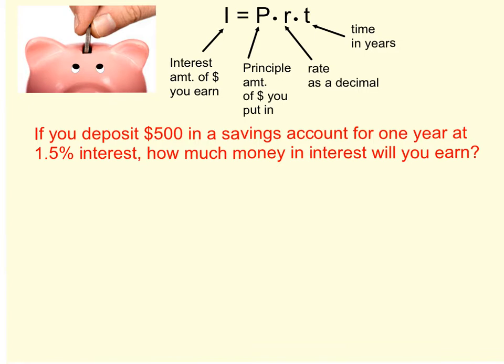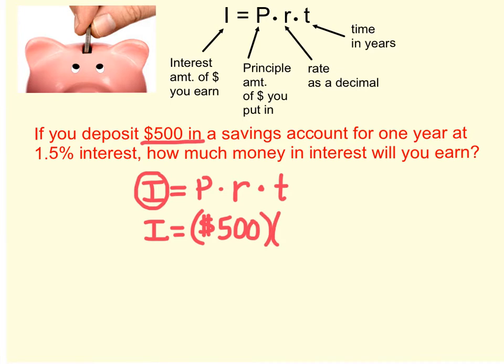So let's take a look at this first example. If you deposit $500 in a savings account for 1 year at 1.5% interest, how much money in interest will you earn? So what we're going to do is use our formula. Remember, the formula is I equals PRT, the principal times the rate times the time. The interest is what we don't know. That's what we're solving for. The principal is how much money we're putting in. We are depositing $500.